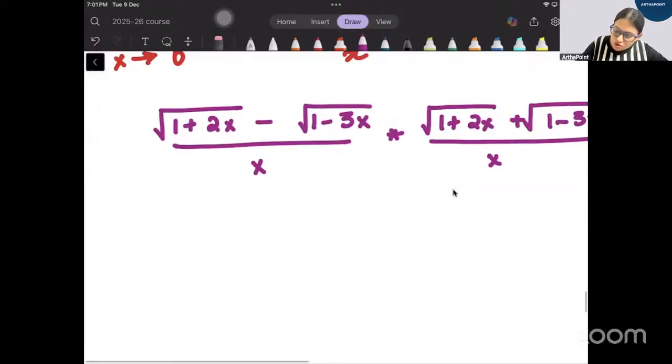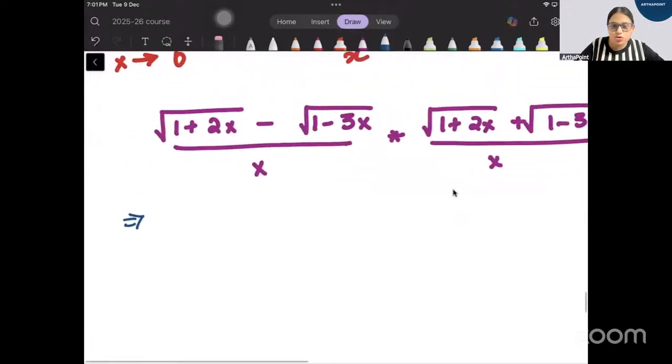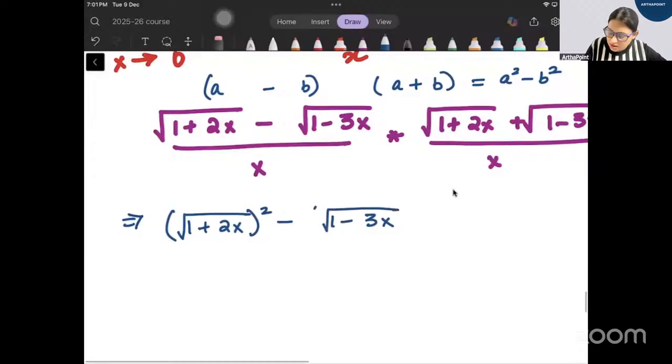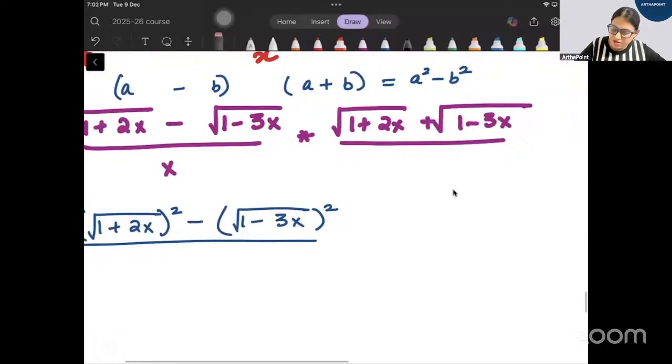So we multiply by root of 1 plus 2x plus root of 1 minus 3x upon root of 1 plus 2x plus root of 1 minus 3x. We use the property that a minus b into a plus b is a square minus b square. So we get root of 1 plus 2x whole square minus root of 1 minus 3x whole square, sorry, my bad, why I have written x here.